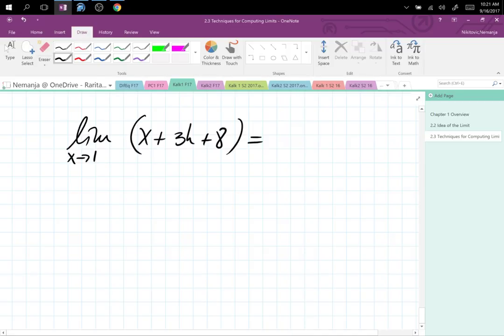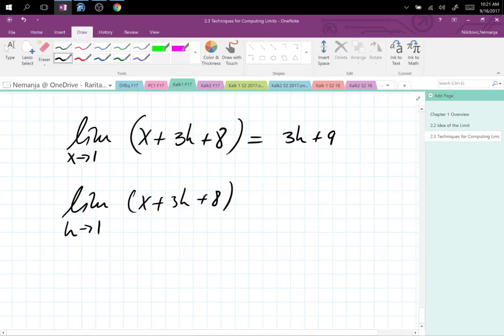The limit operates on x, so you get to plug 1 there. We get 3h plus 9 as the answer. If you have the same question, x plus 3h plus 8, but the limit is now h goes to 1, the answer becomes x plus 11. So you have to be careful to match the variable.